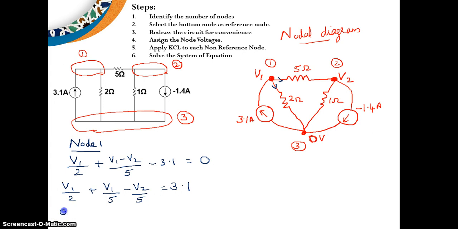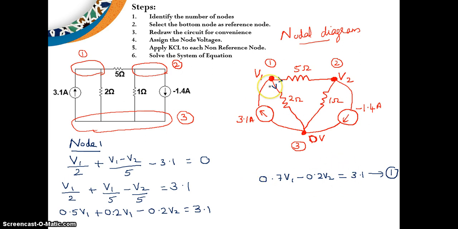V1 by 2 is 0.5 V1, and 1 by 5 is 0.2 V1, and 0.2 V2. So 0.5 V1 plus 0.2 V1 is 0.7 V1, minus 0.2 V2 equals 3.1. This is my equation number 1. So now the first node is finished.